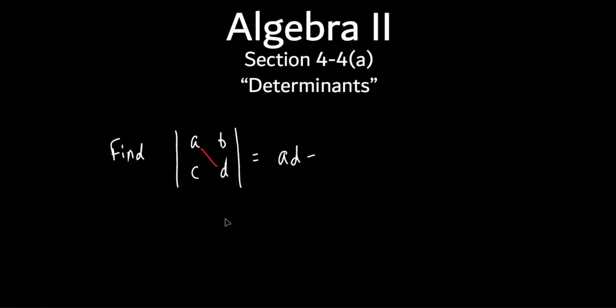And then we multiply this way. So this first one, that's the first one you do. You got to go in order. It matters what order you go in, all right? So we go AD, and then we go minus what? BC. And that's how you find the determinant of a 2x2 matrix.